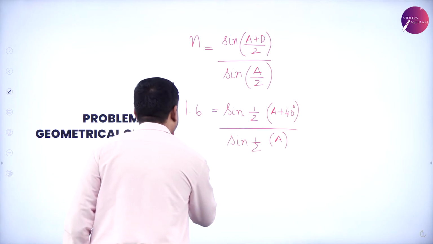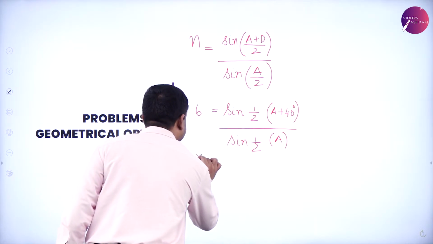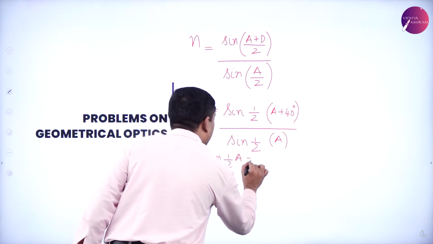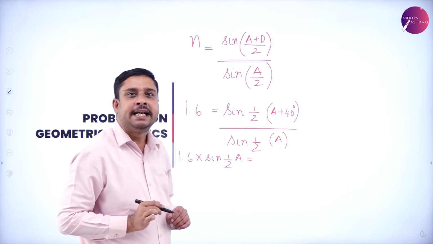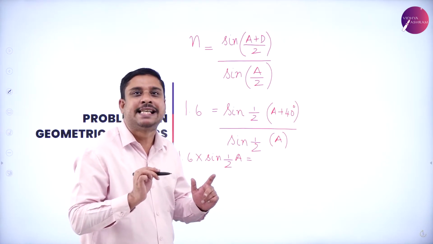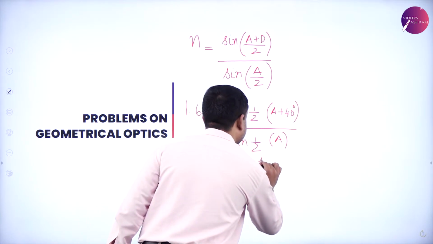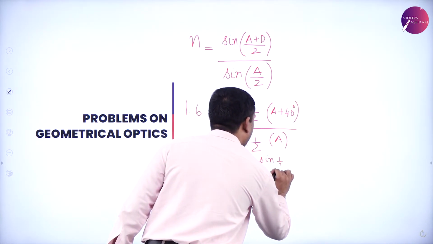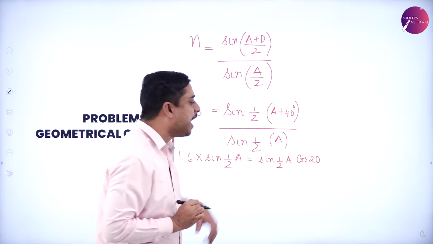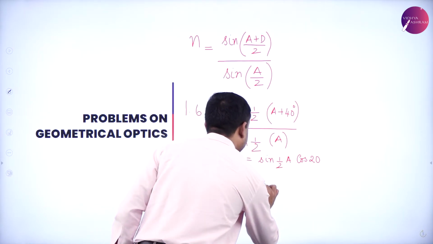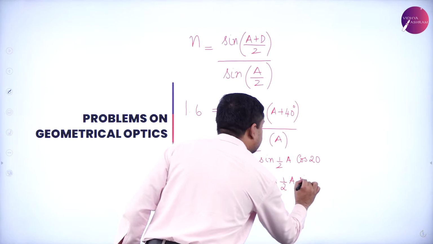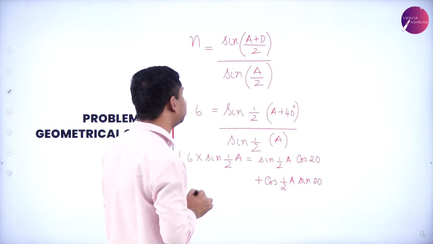Now I cross multiply: 1.6 into sin half A equals, right hand side, sin A plus B, sin A cos B plus cos A sin B. So this is sin half A into cos 20, 40 divided by 2, plus cos half A into sin 20 degrees.